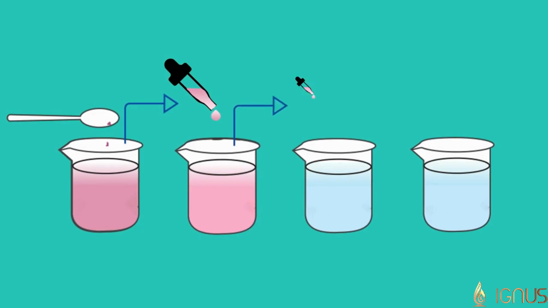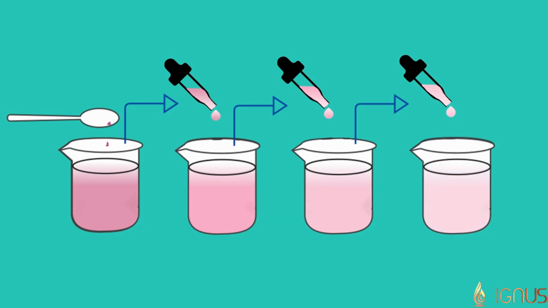Let's continue the process to the third beaker and to the fourth beaker. And we still see the fourth beaker is still pink, which says that there are still a lot of particles of potassium permanganate present in it. This shows that even a small crystal of potassium permanganate has a lot of very tiny particles.